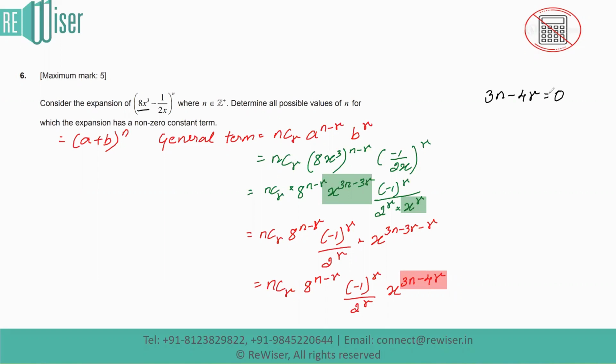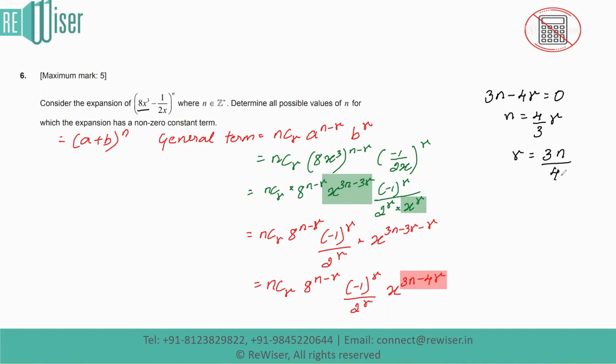And here we need to determine all possible values of n. So n would be equal to 4/3 times r, or in another way, r is equal to 3n divided by 4.